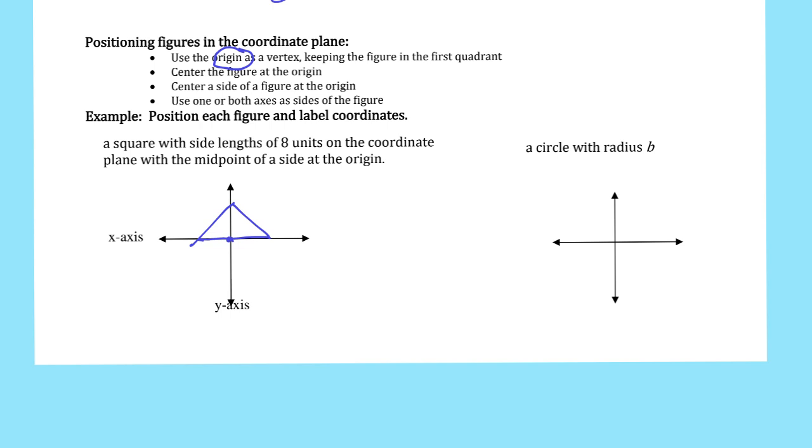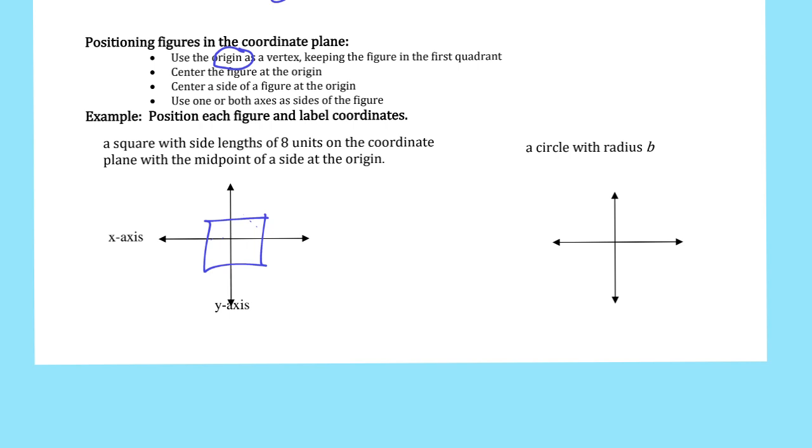Okay, another one might be the center of the side of a figure at the origin. So we kind of did that here. So maybe the center of a figure, let me erase this, being at the origin might look like, let me show you, like this. Okay, so you might have some options, okay?